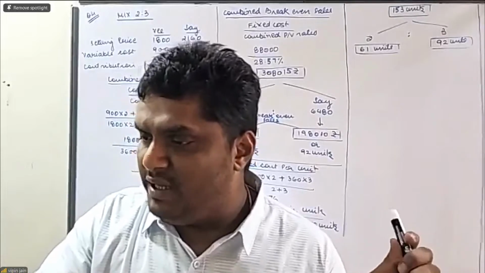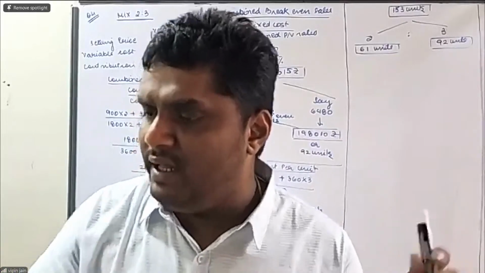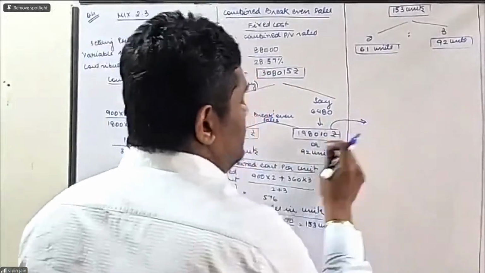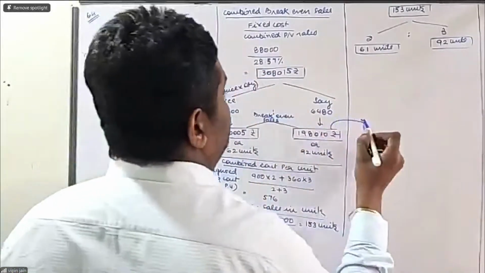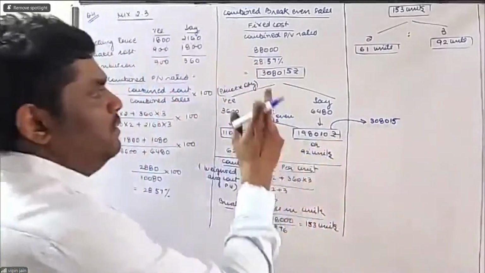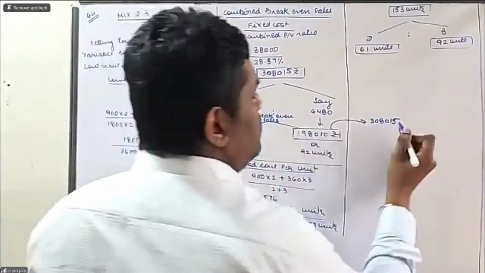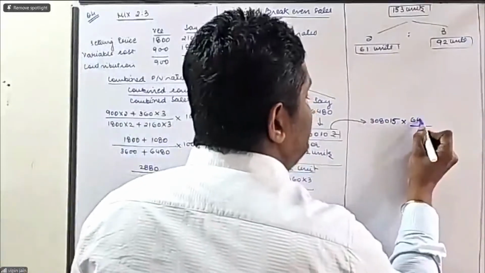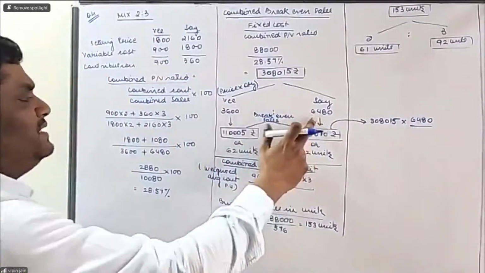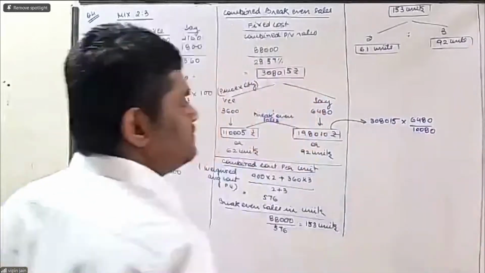Okay, sir, please explain, Neeru, sir, please explain again how to calculate 11,005 and 198010. So these two figures, see, simple division. 308015 we need to distribute, right? Now, in what ratio? 3600 is to 6480. So multiplied by 6480 divided by the total, that is 3600 plus 6480. How much it is? 10080.